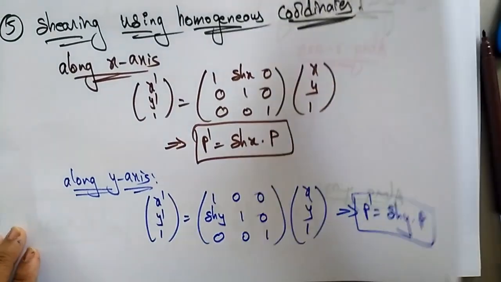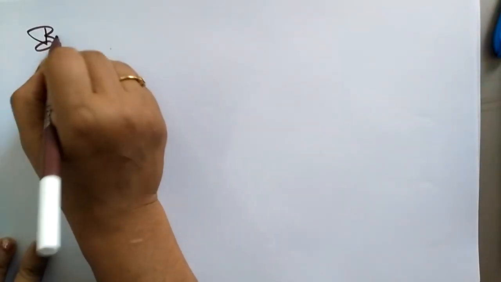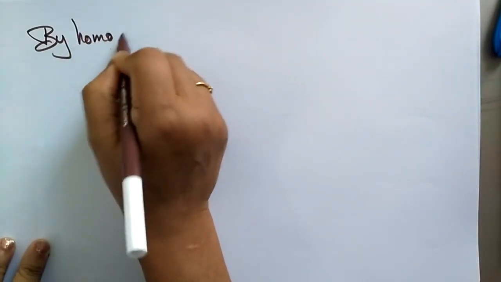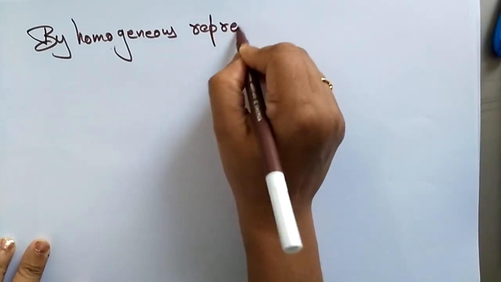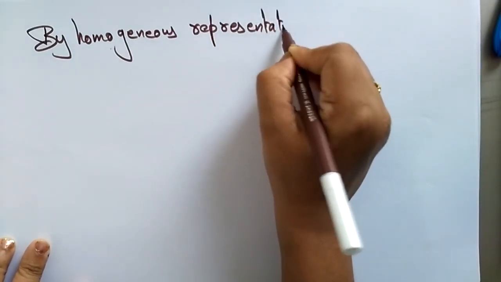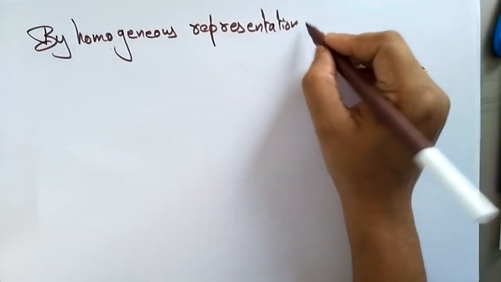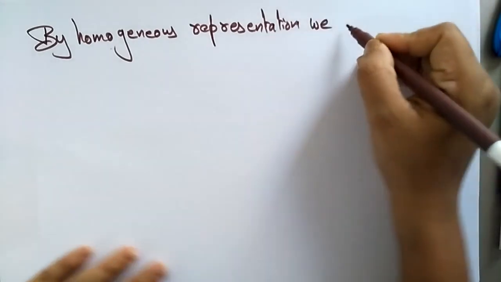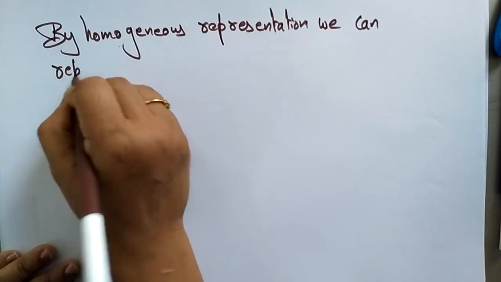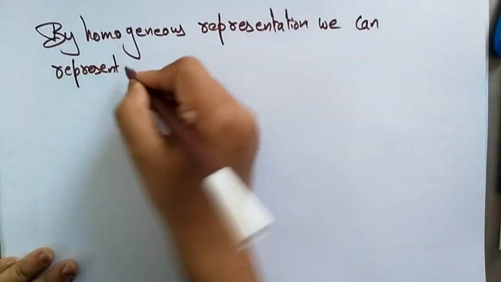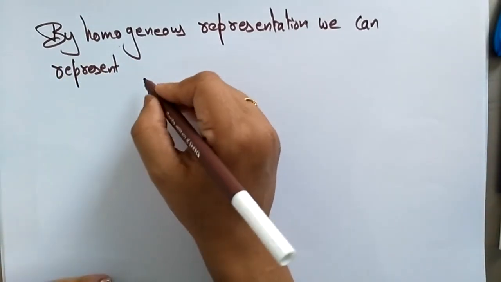Finally, I can say that so far, whatever you are seeing, the translation, rotation, shearing, reflection, everything, by homogeneous representation we can represent all the transformations in a uniform manner.